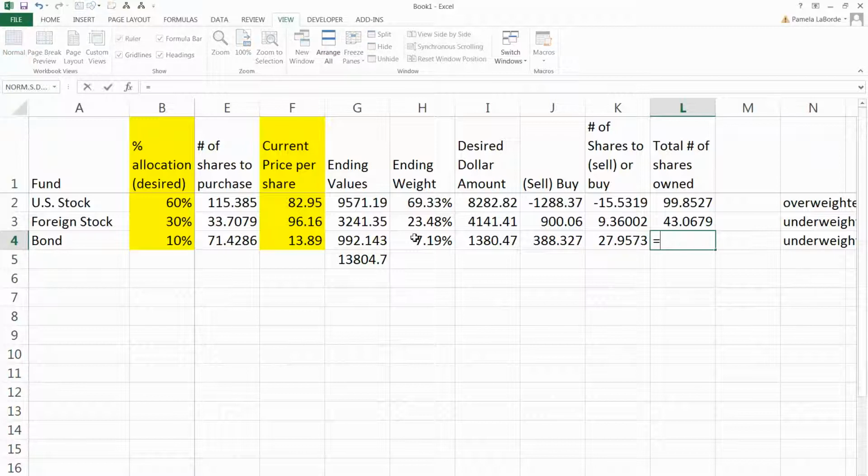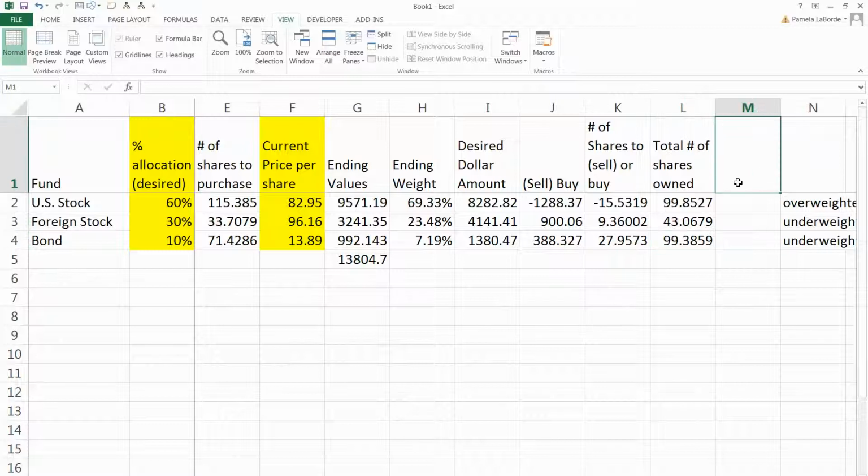For the bond fund, I originally bought 71 shares. By the end of the time period, I was underweighted and needed to buy about 28 more. So I'm going to add those. These turned out to be awfully close. That is just coincidence. They do not need to be the same number at all.